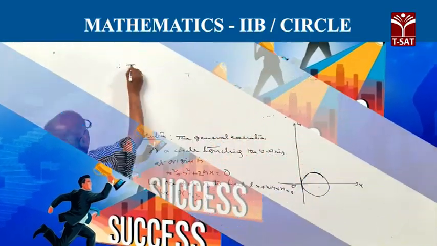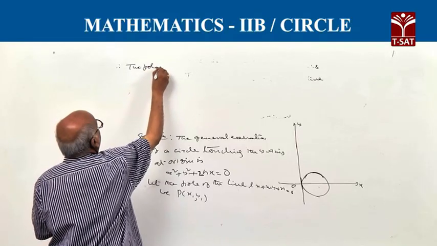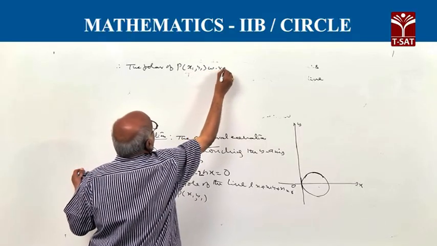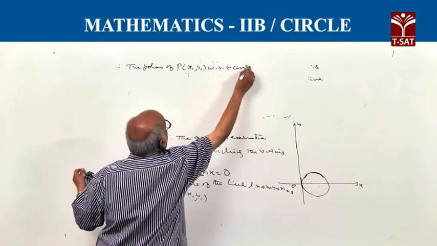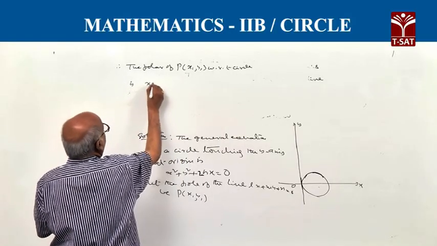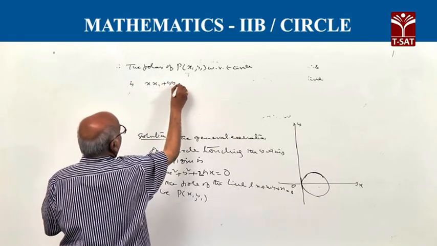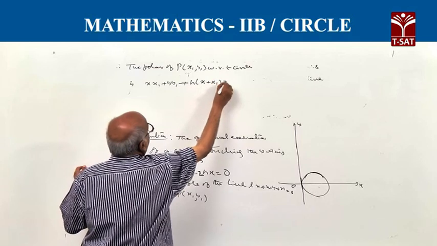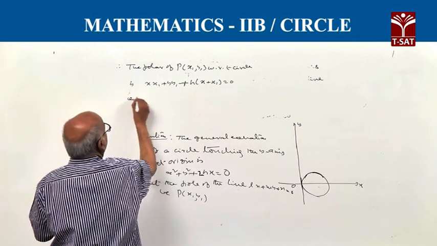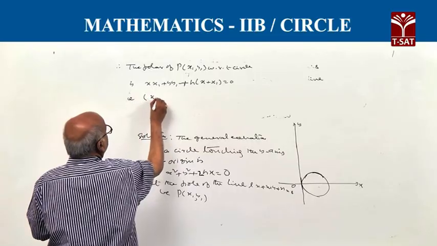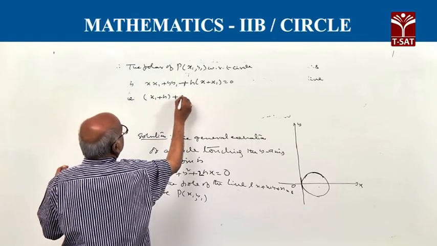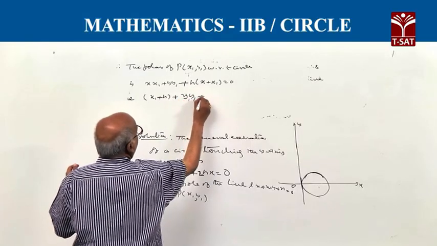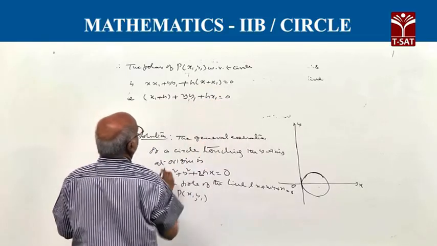So therefore, the polar of P(x1, y1) with respect to the circle is xx1 plus yy1 plus h into (x plus x1) is equal to 0, or that is (x1 plus h) x plus y1 y plus hx1 equal to 0.